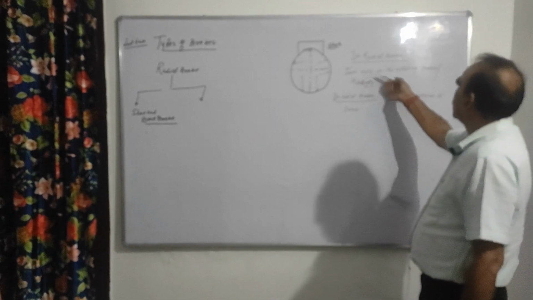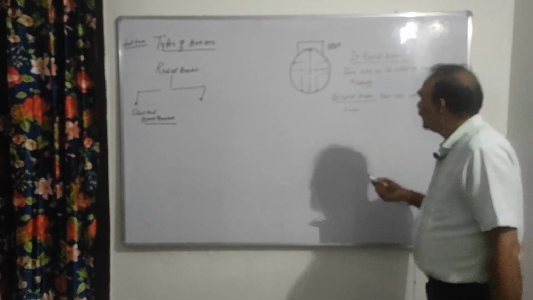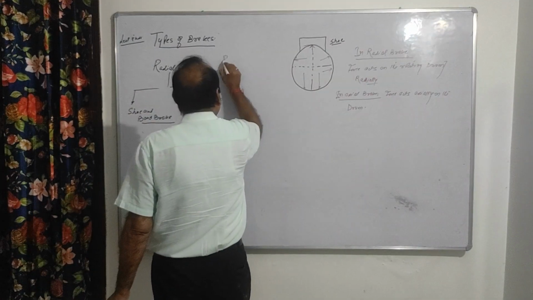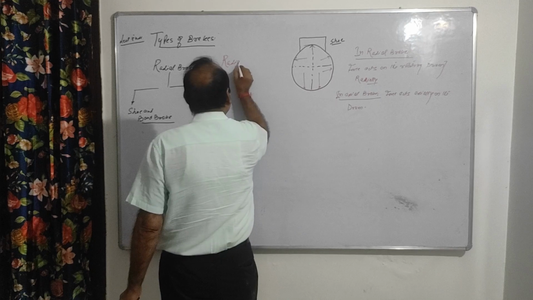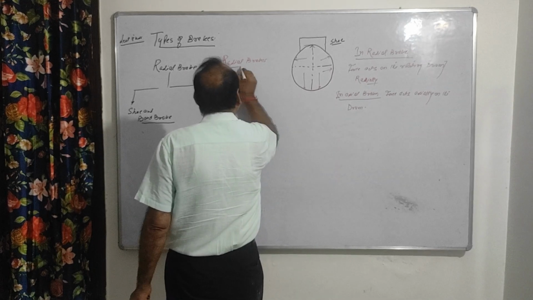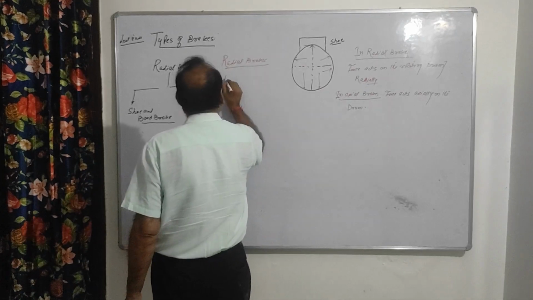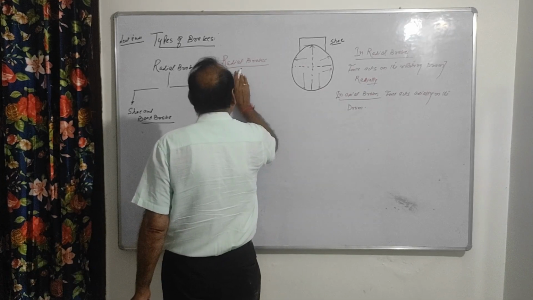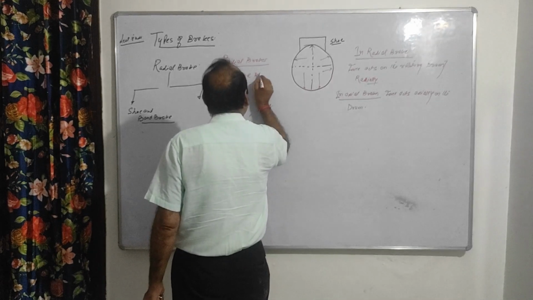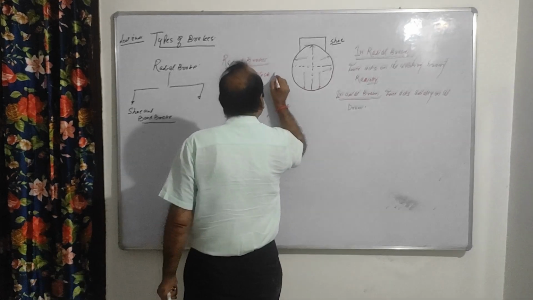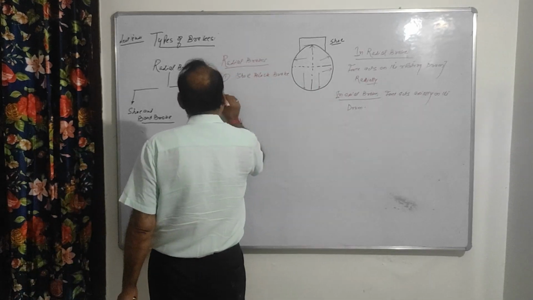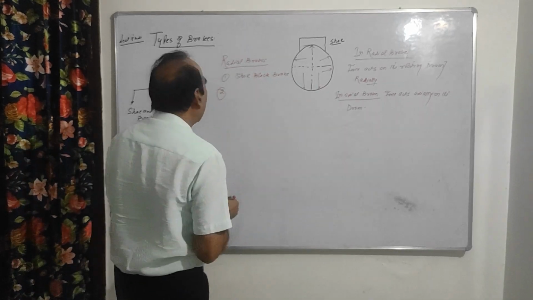So जो रेडियल ब्रेक्स हैं आपकी, फोर्स एक्ट रेडियली ऑन द ब्रेक ड्रम. सो रेडियल ब्रेक्स आपका कौन सा आएगा, रेडियल ब्रेक्स में आपका शू ब्लॉक ब्रेक होगा एक, एंड द सेकंड वन इज योर बैंड ब्रेक.